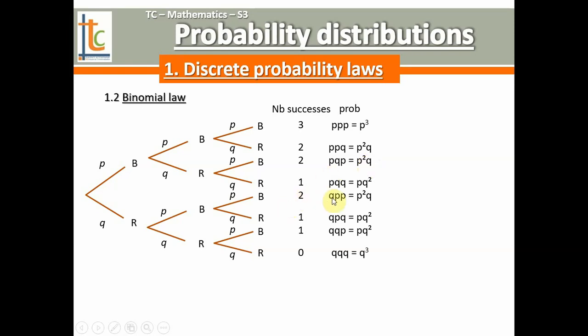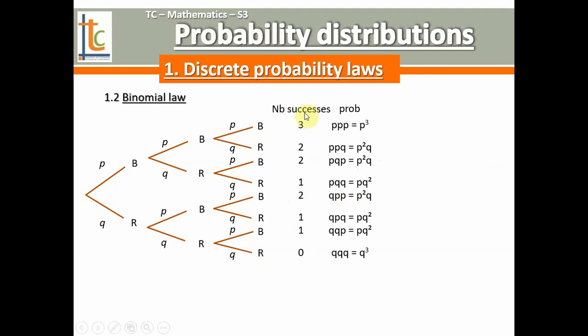And here we've got Q times P, P squared times Q. So we can forecast that there will be a simple general formula to calculate the probability of any number of successes.